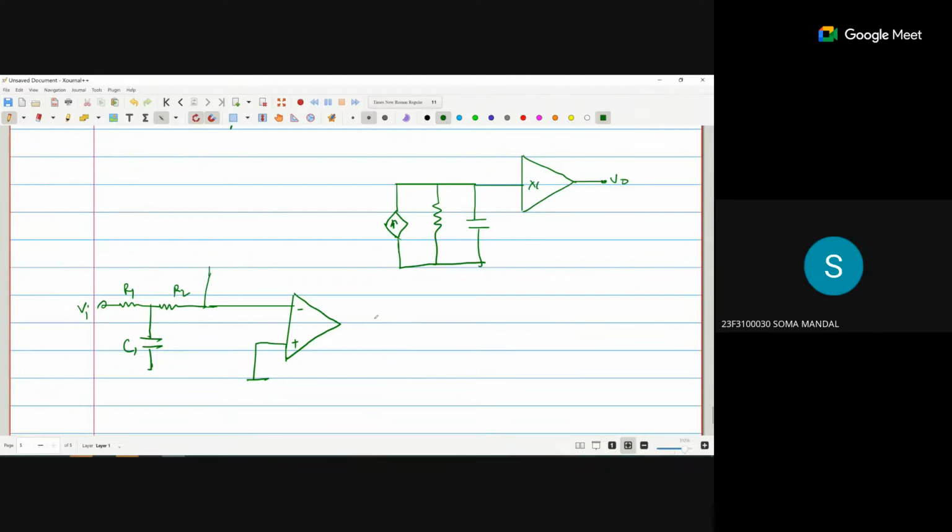There is a capacitor with Vout, and another resistance from between R1 and R2 goes to Vout. Yes, sir, this is the circuit. The upper resistance value is also R1. This is C2.